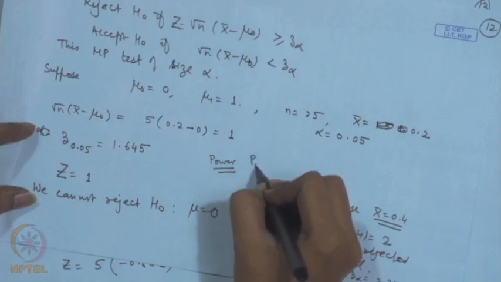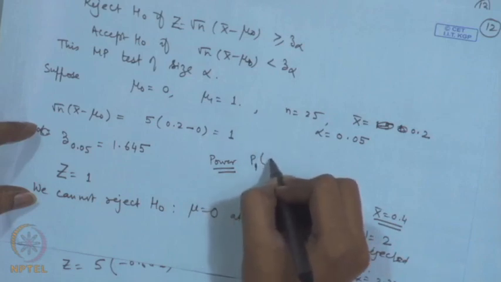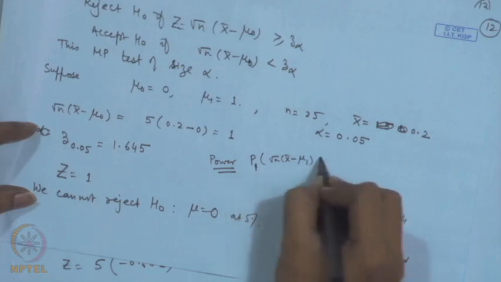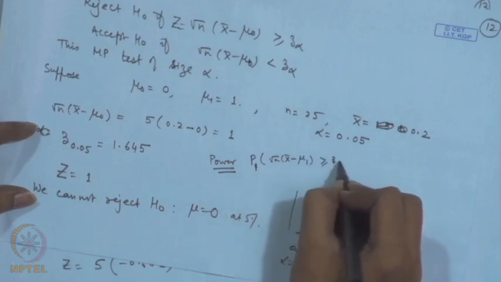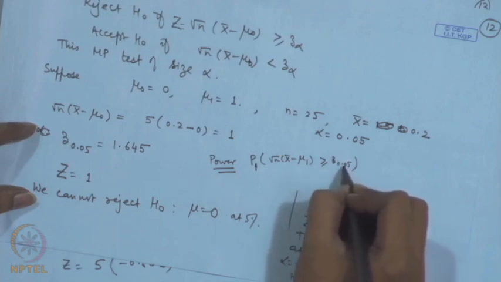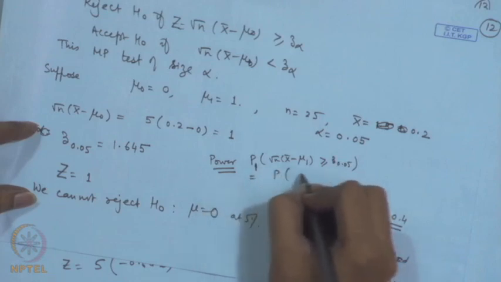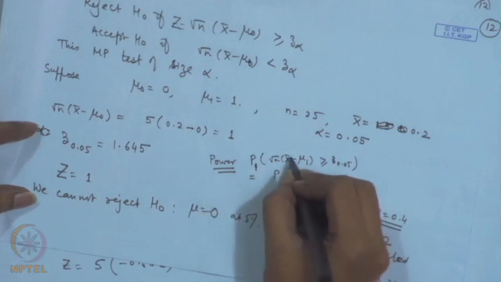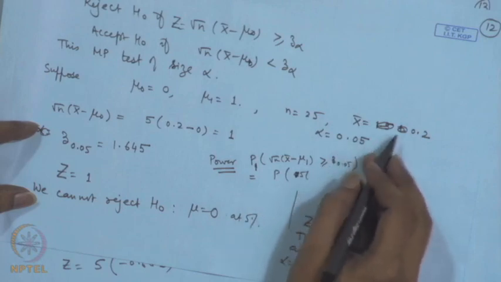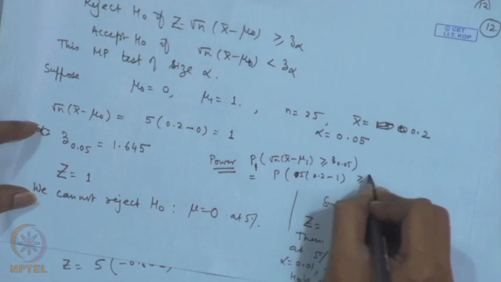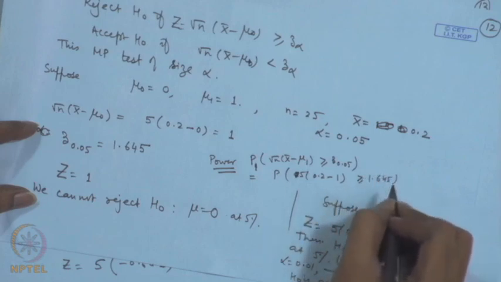It is the probability of rejecting, root n times x bar minus mu 1 greater than or equal to z 0.05, because this point has already been decided here. So, this is 1.645, that is probability of 5 times x bar is 0.2 minus 1 greater than or equal to 1.645.